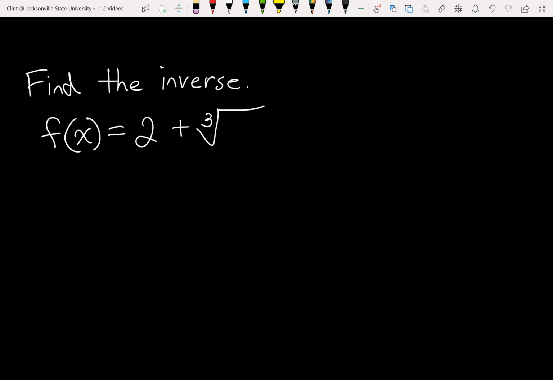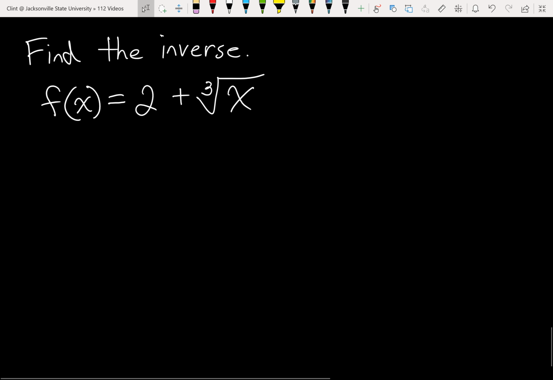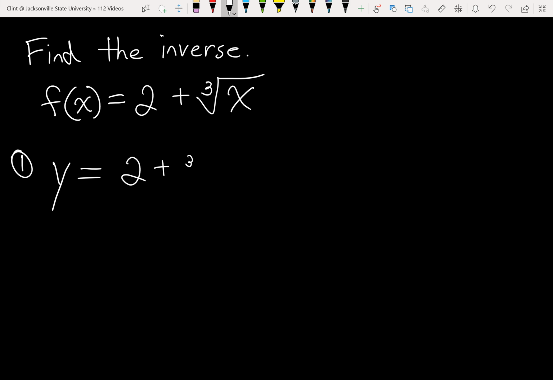X, not 3. Okay. So step 1, I'm going to change f of x to y. Then I get 2 plus the cube root of x. I'm going to switch x and y on step 2, so x equals 2 plus the cube root of y.